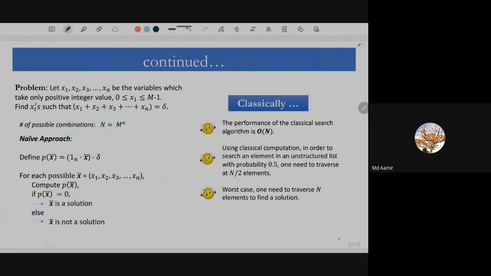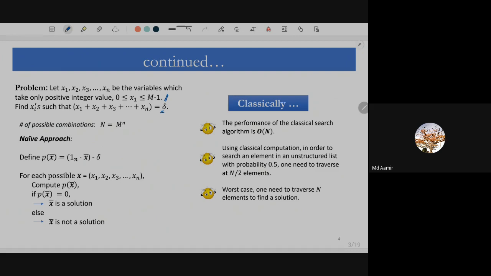This can be mathematically formulated in such a way that x1 till xn are the n variables, which take only values between 0 and m minus 1. What we have to find is which combination of xi's has a summation equal to delta.